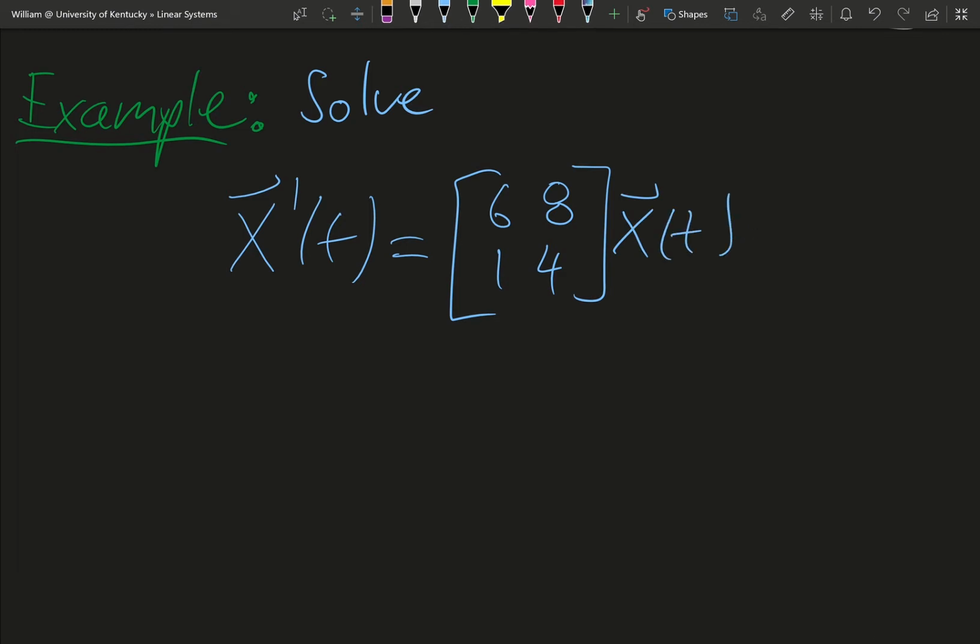So we have x bar prime equals some matrix 6, 8, 1, 4 times x plus the vector 2e to the t, negative e to the t.